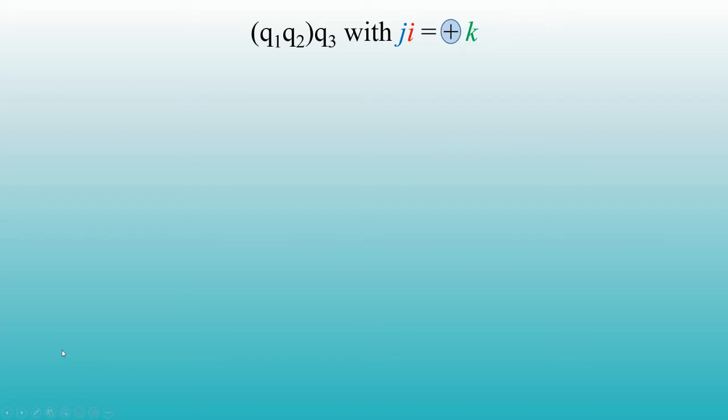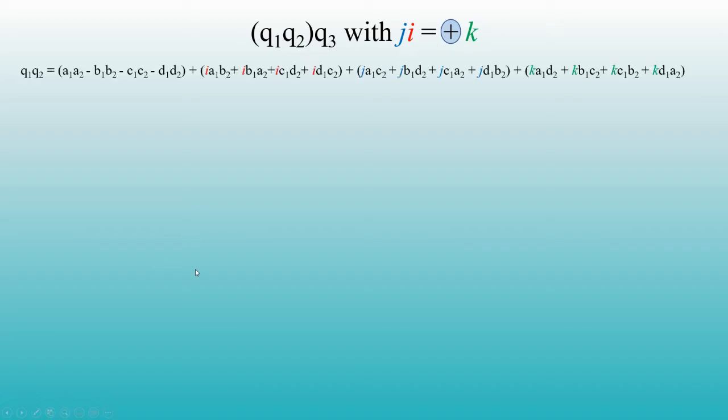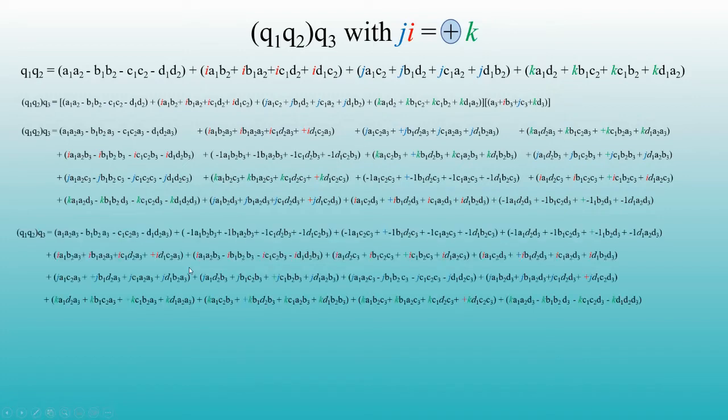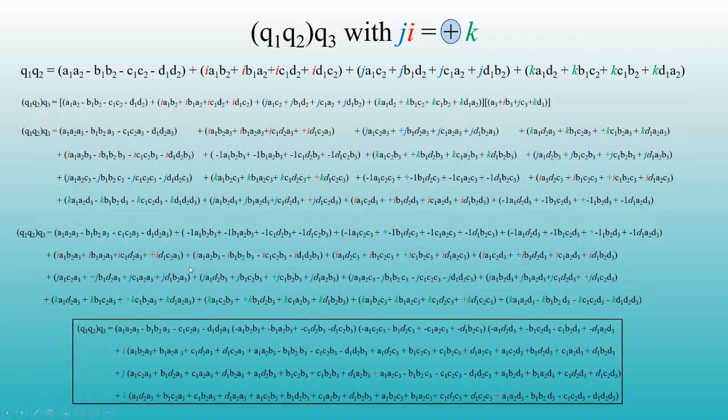No big deal. First, we consider the left side quantity Q1, Q2 times Q3 from the right with the new rule. So first we consider Q1, Q2, then we multiply in by Q3 from the right, we evaluate the terms, we use the new anti-cyclic term to evaluate the IJKs, and then we regroup.